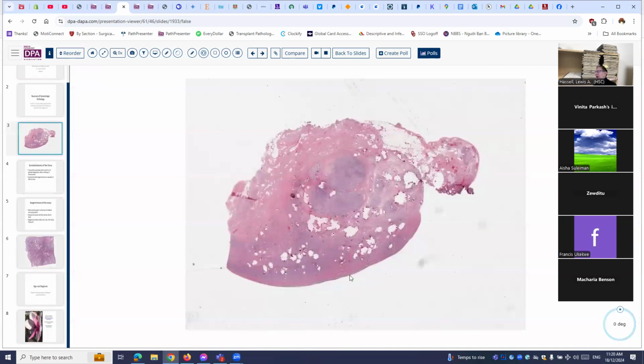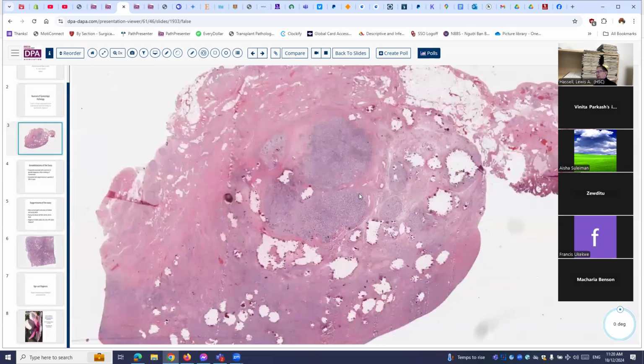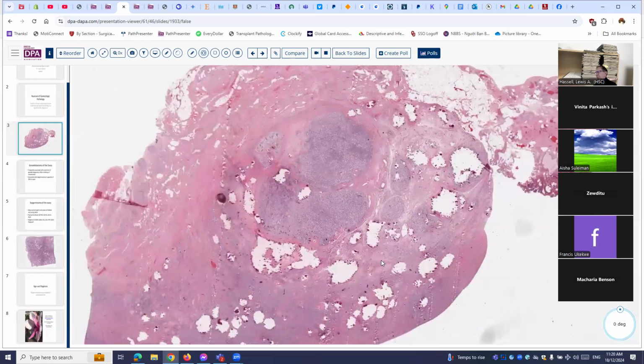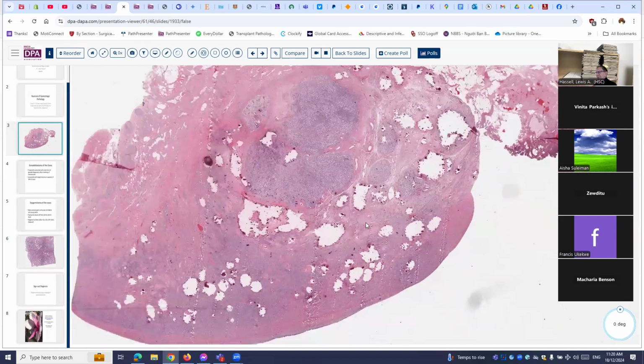So the size of this is a real critical thing. You wouldn't expect this size of an ovary in a younger patient, which this was. And so it's a dysgenetic ovary with foci of dysgerminoma, making it a gonadoblastoma.